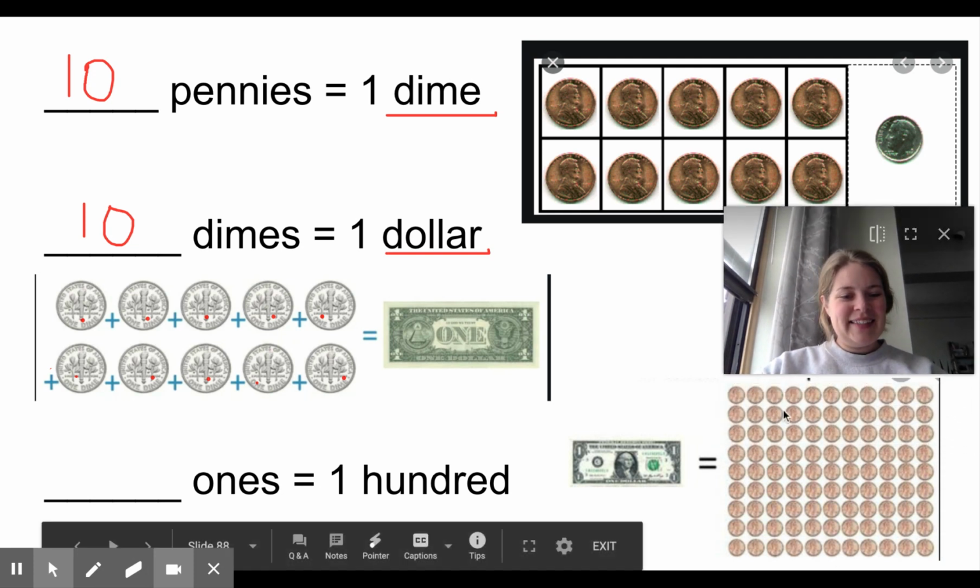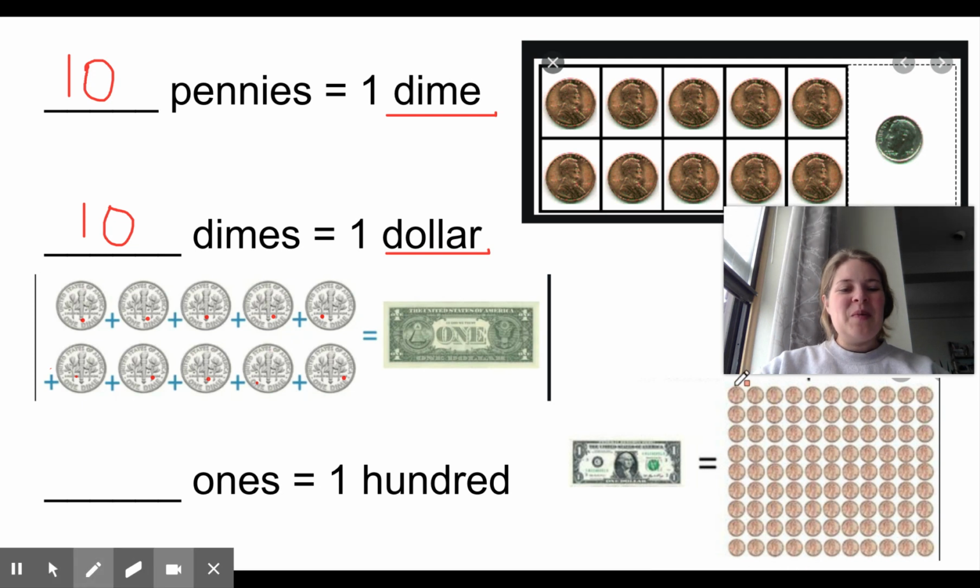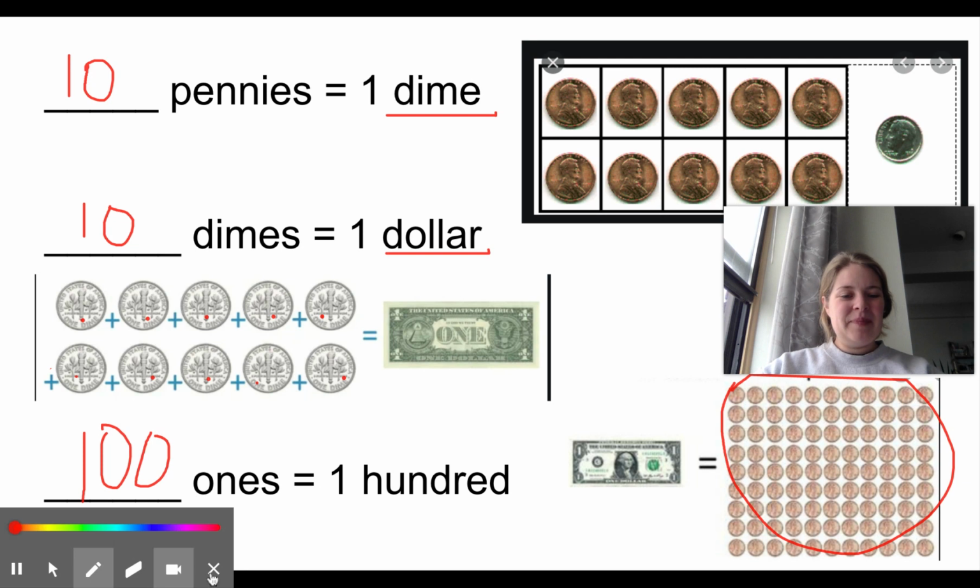Any ideas? 100 pennies equals $1. Or 100 ones equals 100. It's the same idea. Instead of a 1, though, we have a penny. Instead of a 10, we have a dime. And instead of 100, we have $1. Good work.